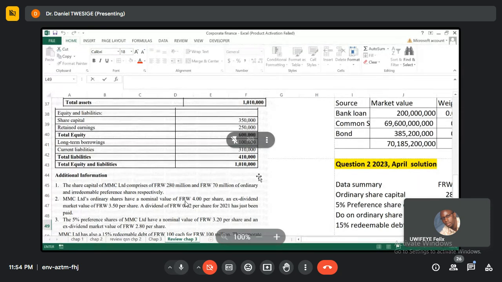Because the share capital, that one is okay, we can calculate it. Ordinary shares have a nominal value of this, ex-dividend market price of this.